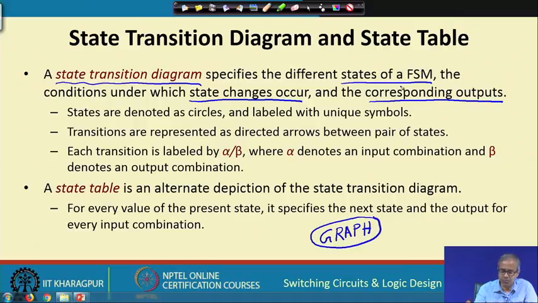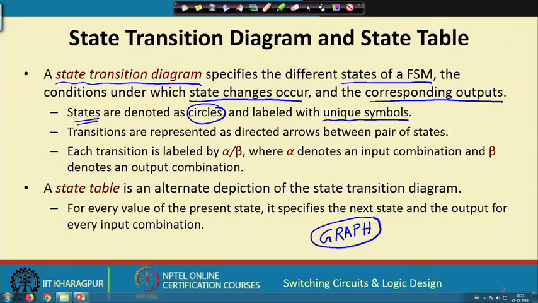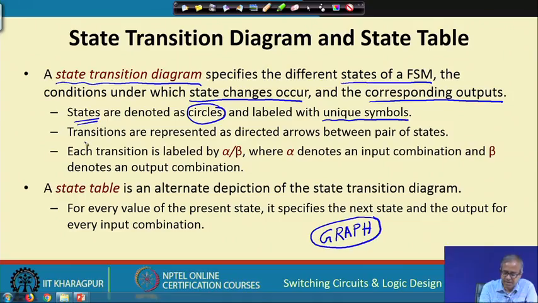Now, notation wise, the states are denoted as circles and they are typically labeled with unique symbols, so that you can distinguish one state from the other. In the early example we saw in the last lecture, we labeled the states as A, B, C, D. Now, there are states, there are also transitions.